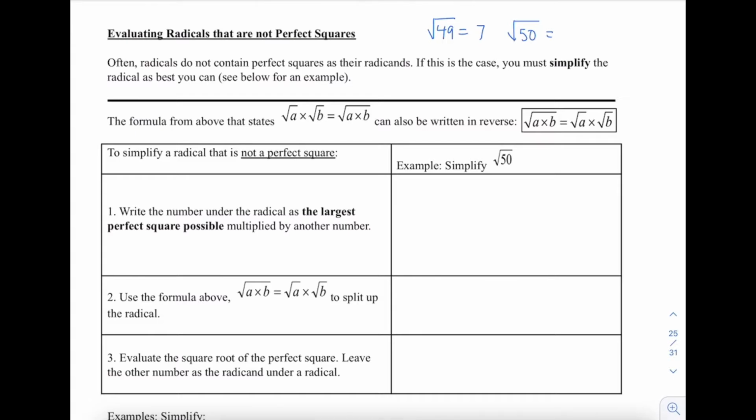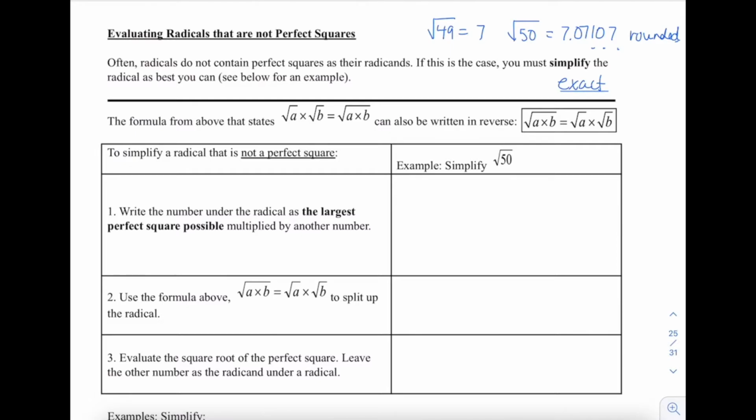So what I don't want you to do is tell me that root 50 is 7.0716, whatever this is, because it's inaccurate, it's rounded. What we want to do in this lesson is find an exact answer for this, okay?